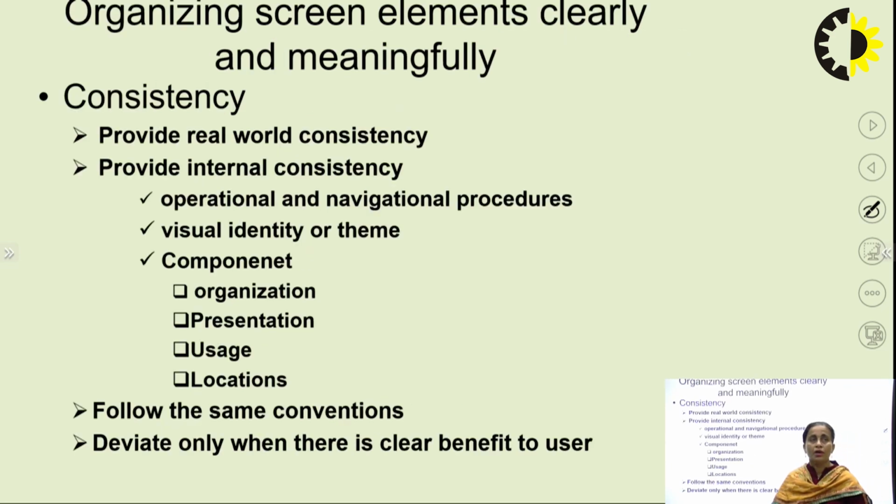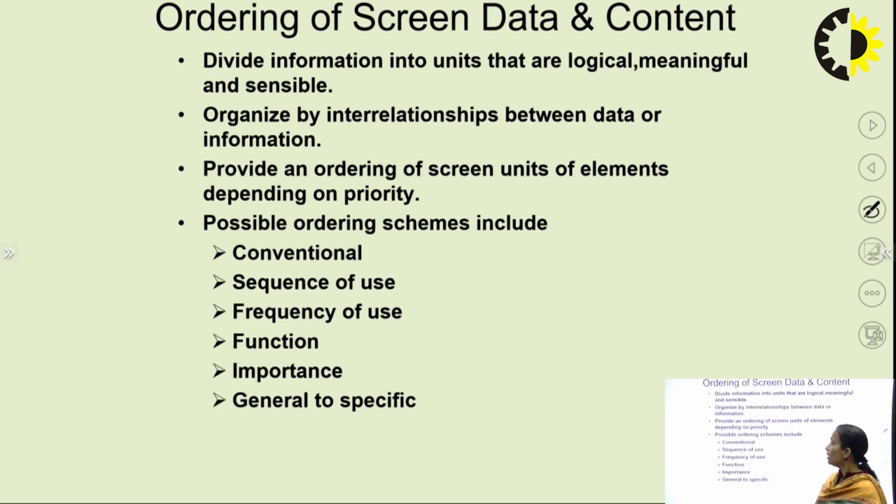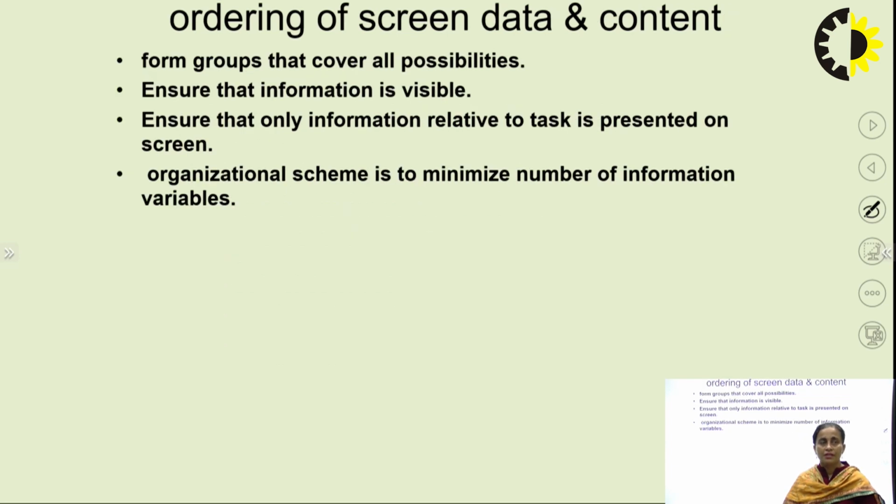Then how to organize the screen elements clearly and meaningfully: they should be consistent. And then how to divide the screen data and content. We should divide the information into units that are logical and meaningful, and use ordering schemes that are very conventional. Then we should form groups that cover all the possibilities.